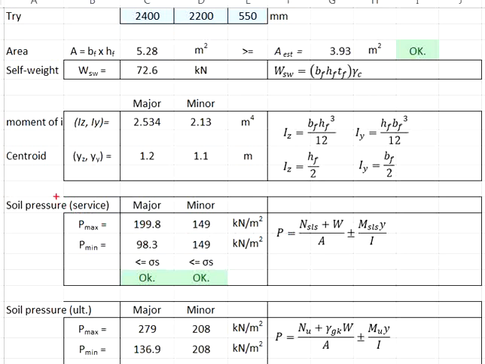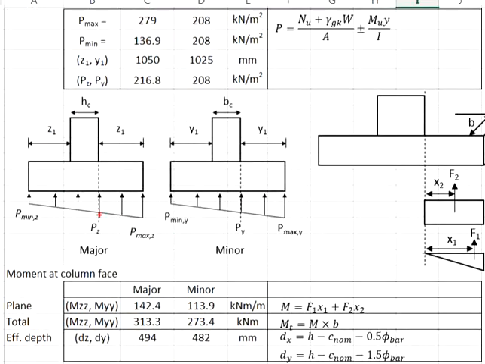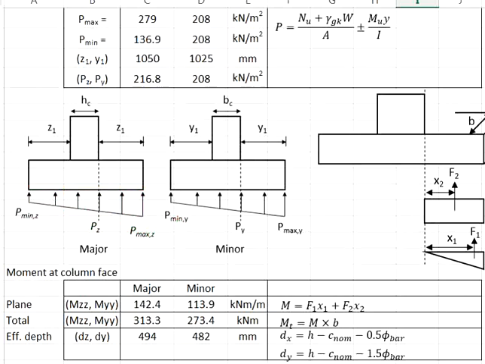You need to make sure the soil pressure at the serviceability limit state passes, not exceeding the bearing capacity of the soil. Because of the moment, the soil pressure is no longer uniform. There will be redistribution of the soil pressure, resulting in a linear change in the soil pressure from one end to the other, giving you a P max and P min in the axis where the moment is acting.